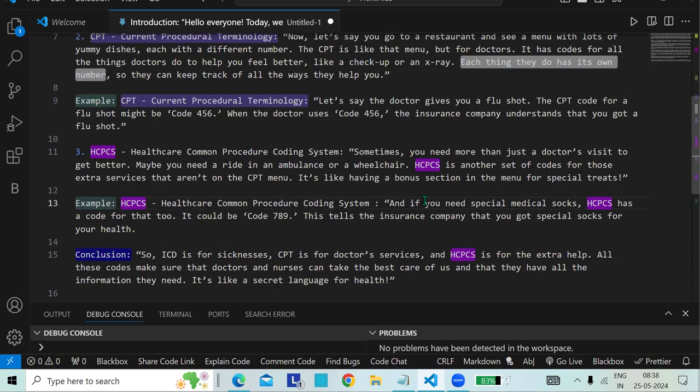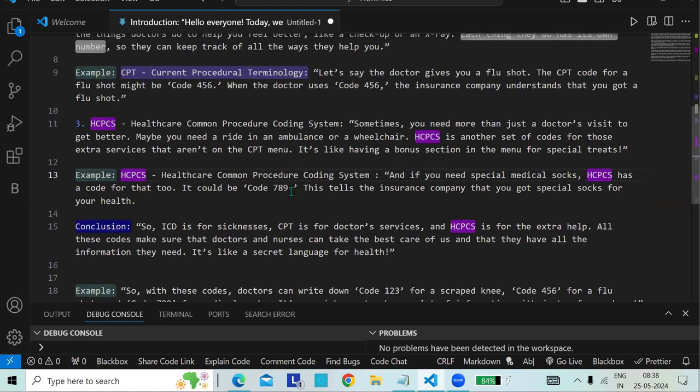Some people wear socks for effective blood circulation in the knees and legs. Those things also come under HCPCS. We will write those codes in the claim form. The claim form will be accepted by the insurance company and the claim will be settled to the doctor's office. So this is all about ICD, CPT and HCPCS.